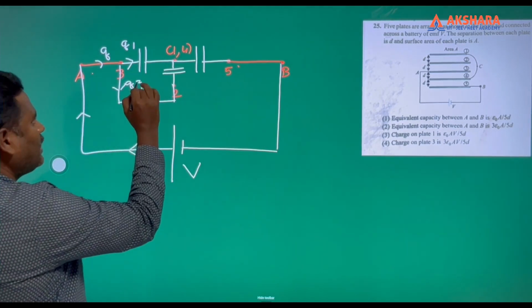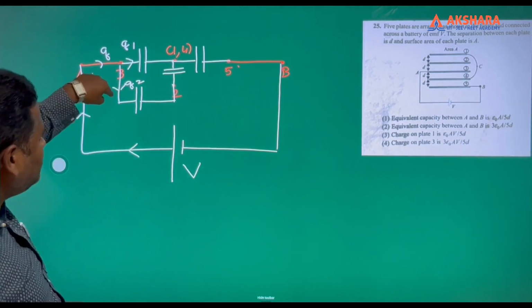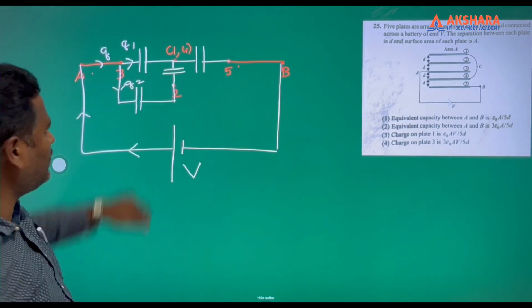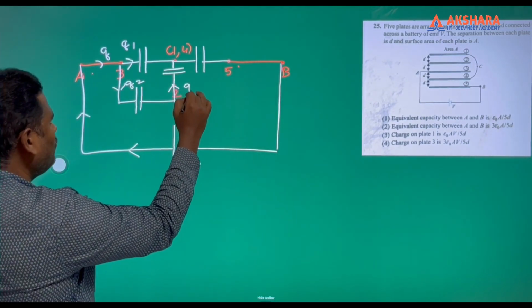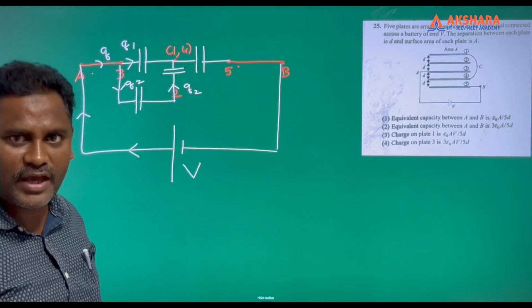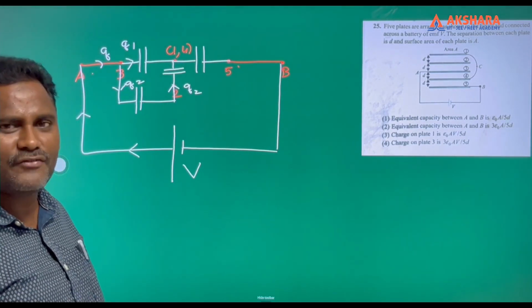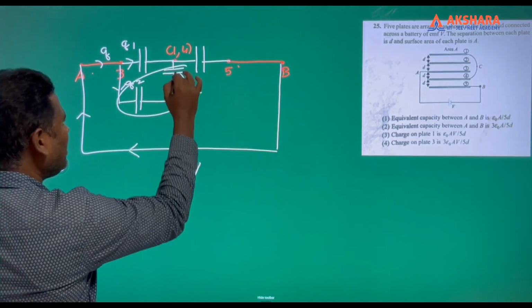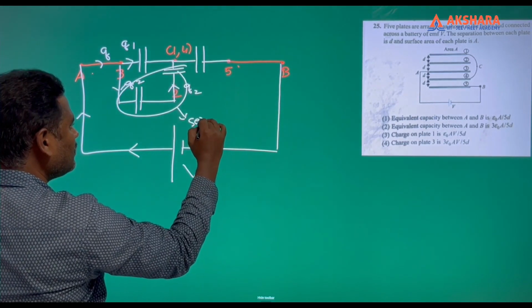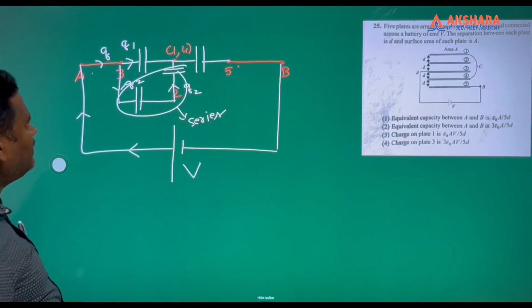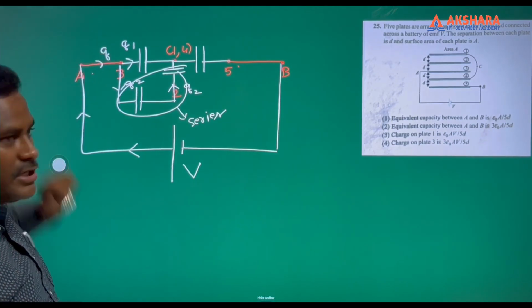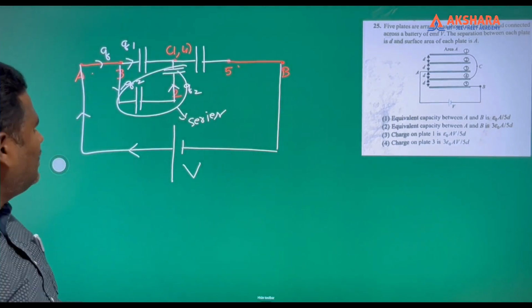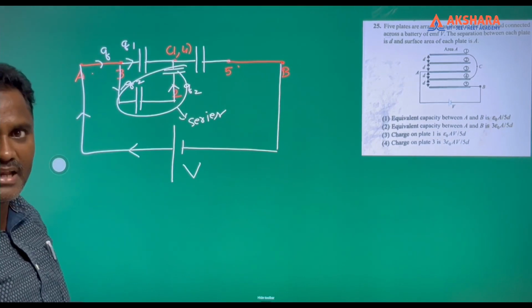Whatever charge flows here, same charge flows here. When charge remains same, the capacitors are said to be in series combination. So these two capacitors are in series. And when charge gets divided here, as Q1 and Q2, they are said to be in parallel. So these two combinations are in parallel.